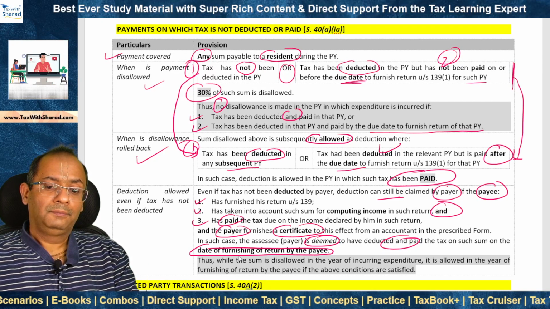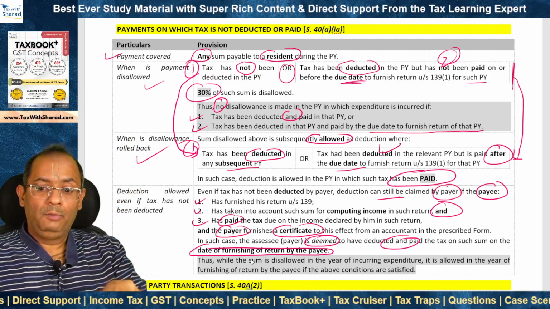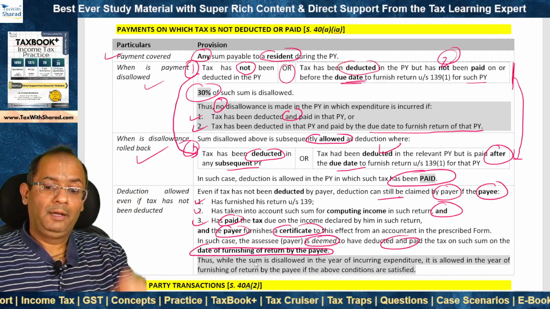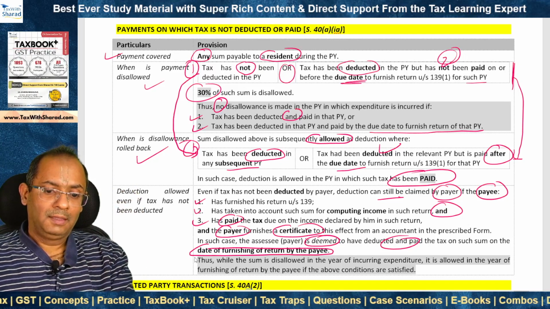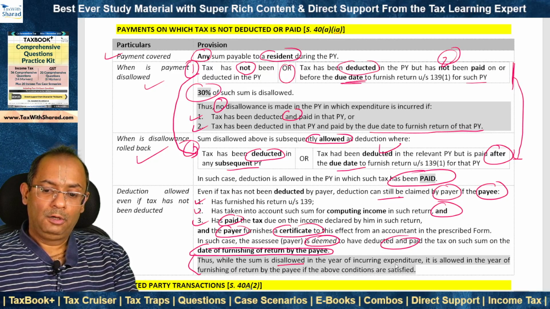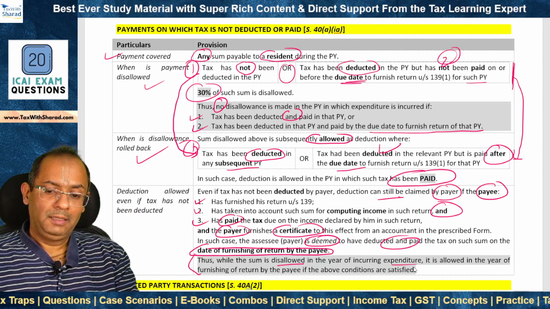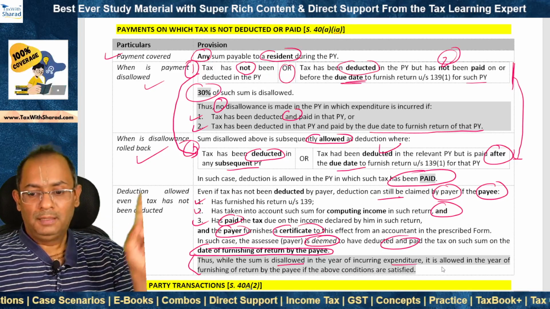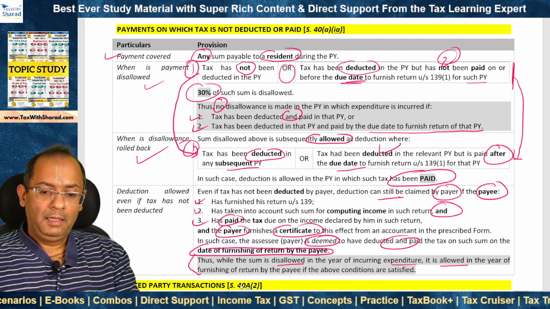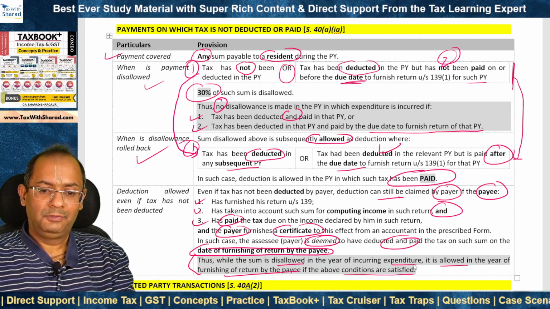And accordingly, the disallowance of 30% that was made earlier will now be rolled back even if the payer had not deducted tax at source. Thus, what is the effect? While the sum is disallowed in the year of incurring expenditure, because tax had not been deducted in the previous year, 30% was disallowed, but it is now allowed in the year of furnishing of return by the payer if the above conditions are satisfied.